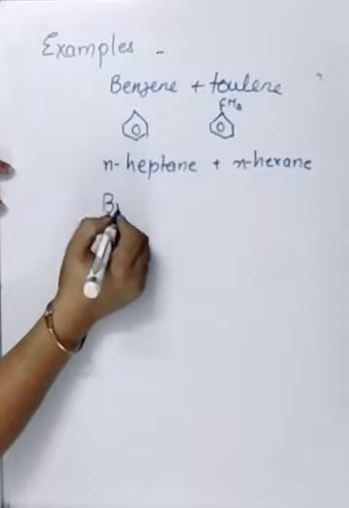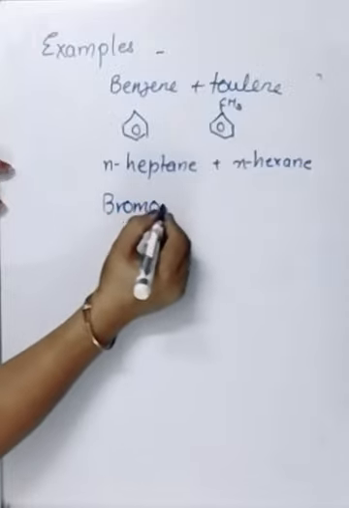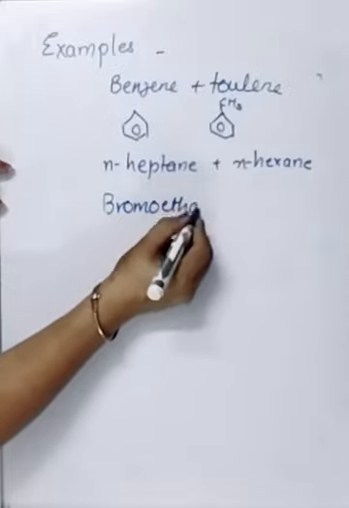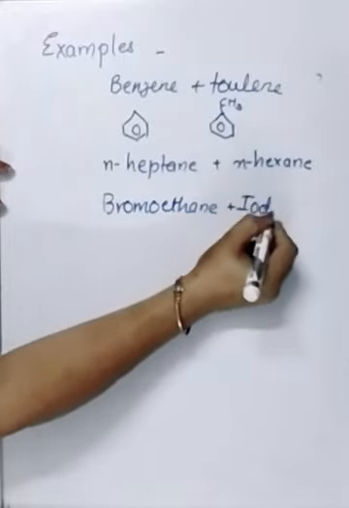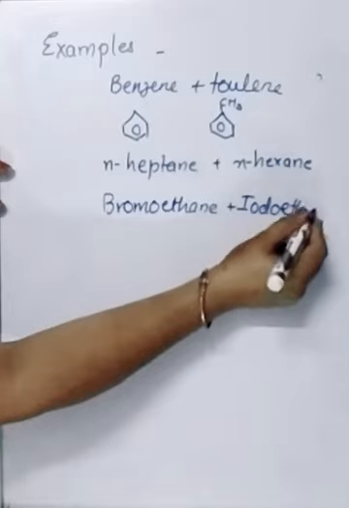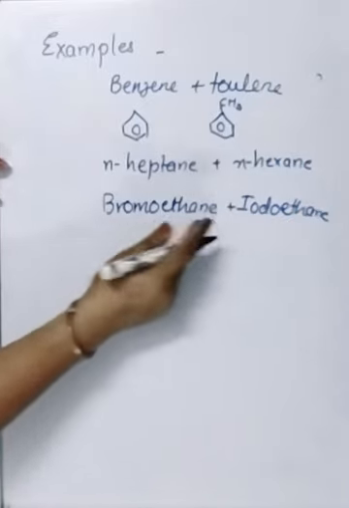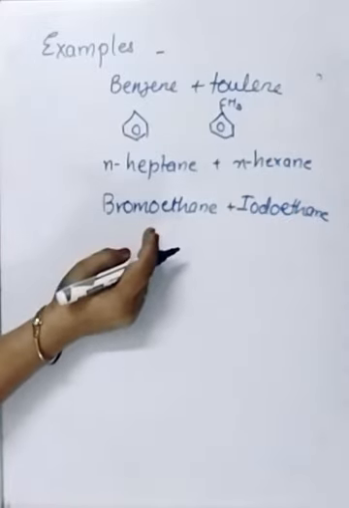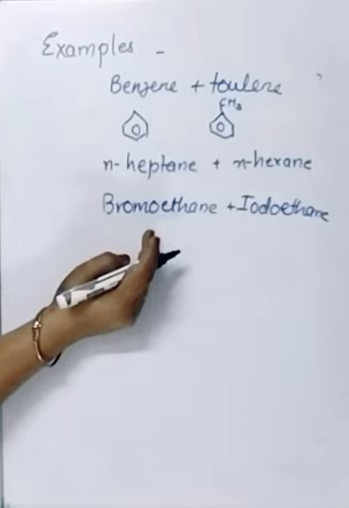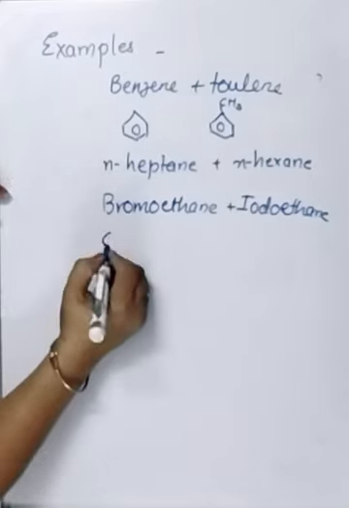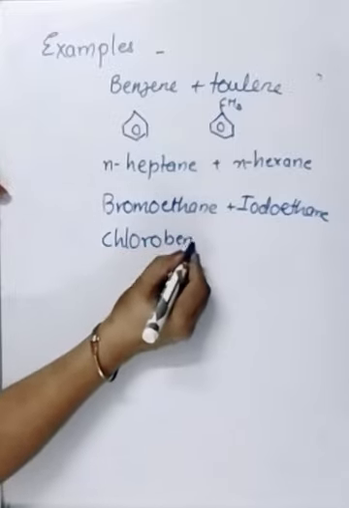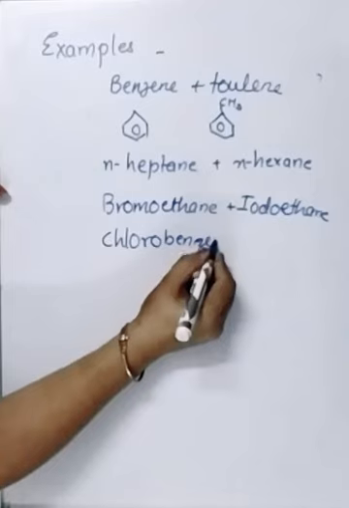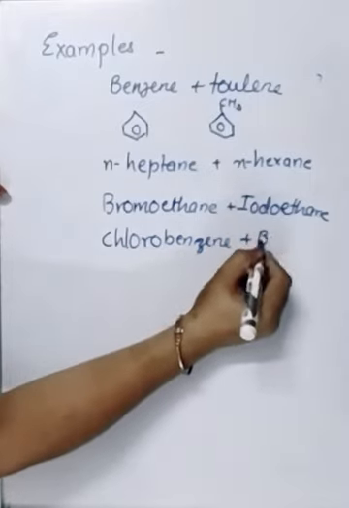Third example, bromoethane and iodoethane. Both are ethane, only the halogen atom changes, so all the properties will be followed. Then chlorobenzene and bromobenzene.